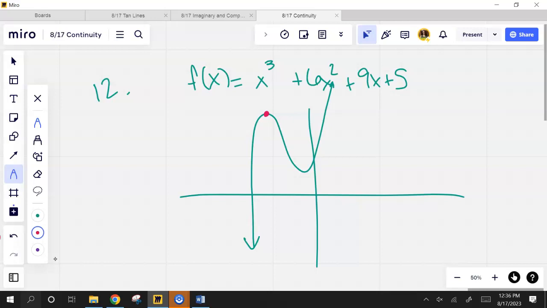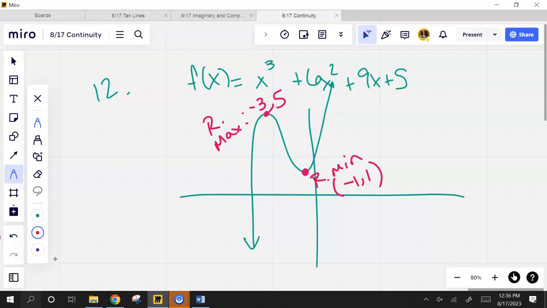1, 2, 3. What is this? Negative 3. 1, 2, 3, 4, 5. Is that absolute or relative? Relative. So I have a relative max at negative 3, 5. How about here? Relative min at negative 1, 1.